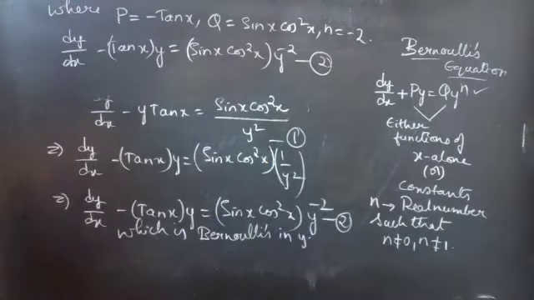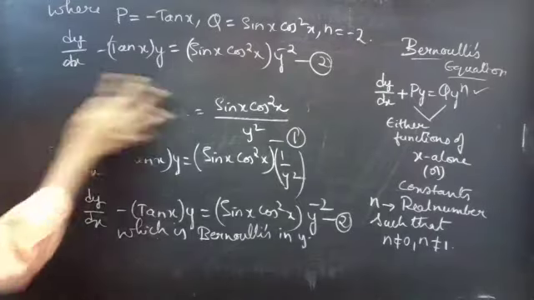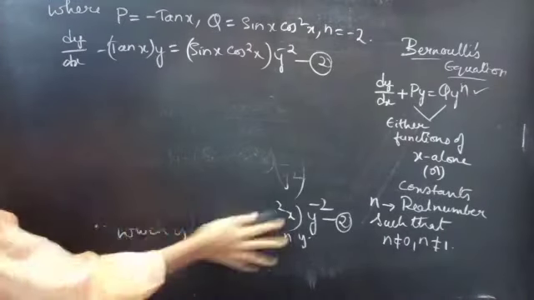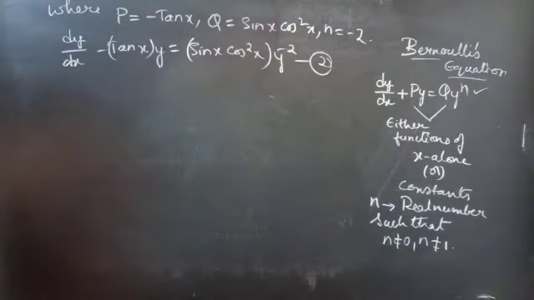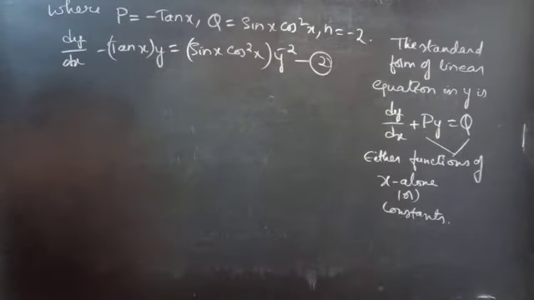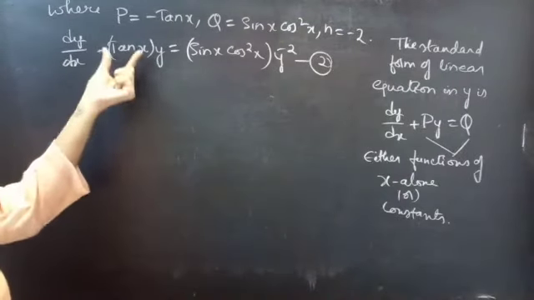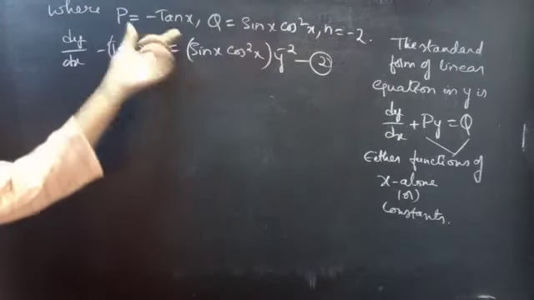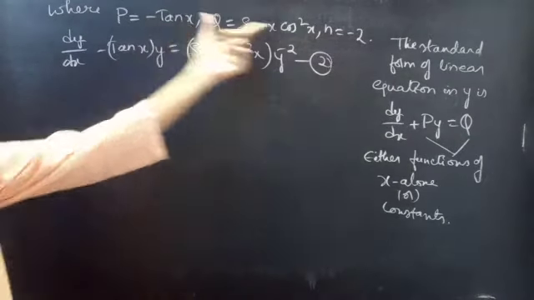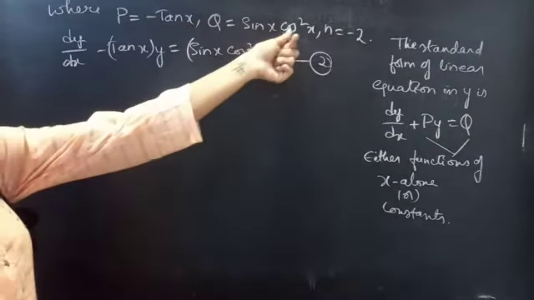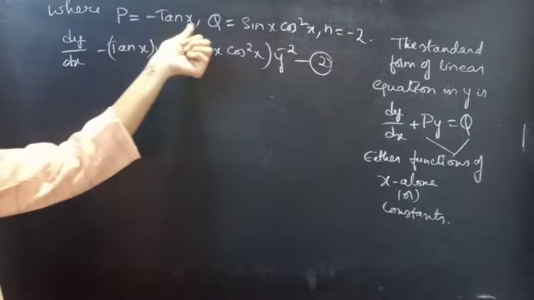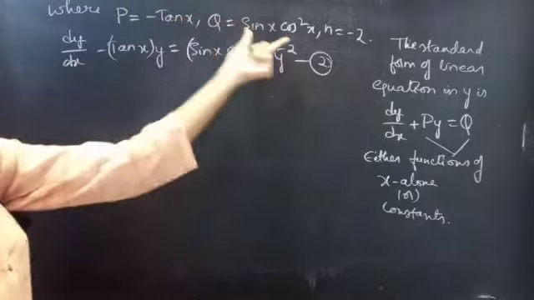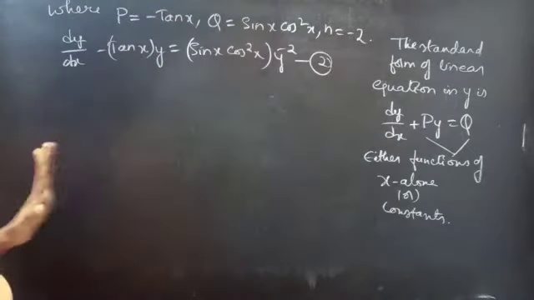Now we have to reduce equation 2 to a linear equation. See, from Bernoulli's equation, we got P equals minus tan x and Q equals sin x into cos square x. This does not involve any variable other than x, so we call these two functions as functions of x alone.